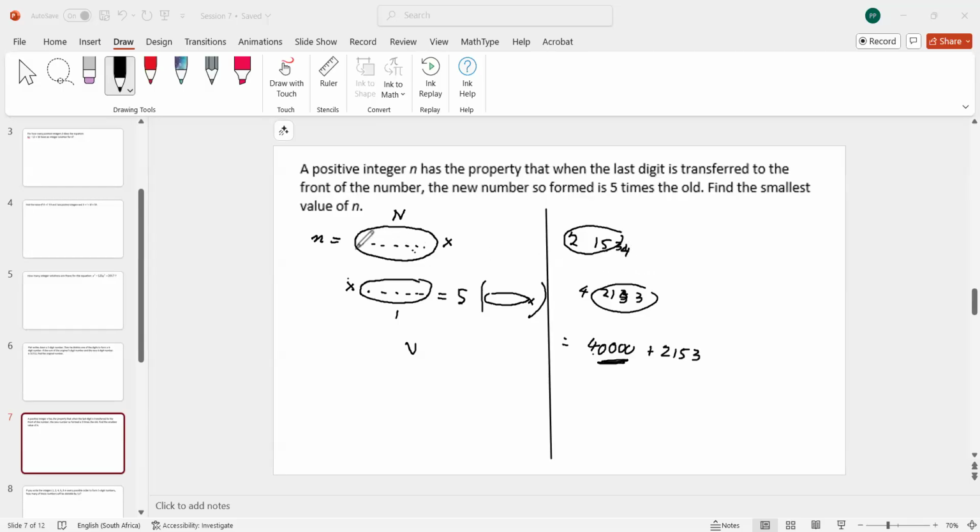Your original number has got. So we need to give a symbol to the number of digits in n. So let's just do that.